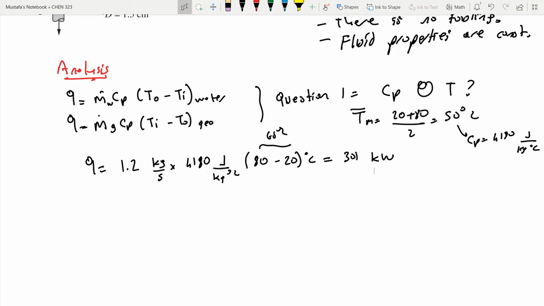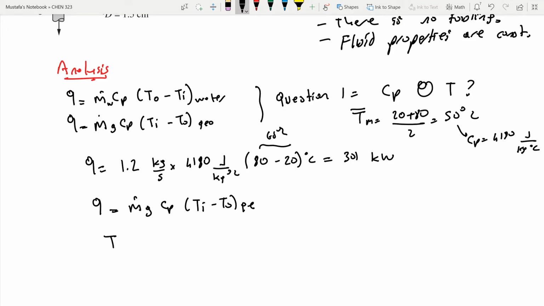So now our goal is to find the outlet temperature for the geo water. Q is equal to m geo Cp (T in minus T out geo).